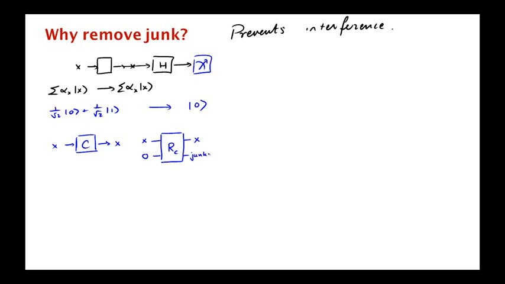And let's say the junk it creates is a function of X, and in fact it's X itself. So it just makes another copy of this input bit.